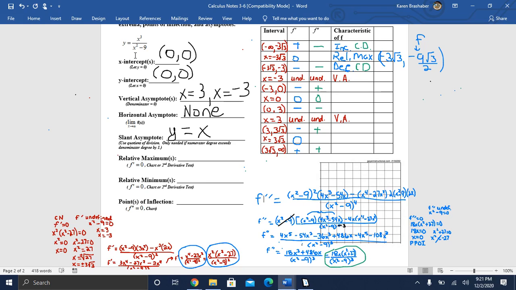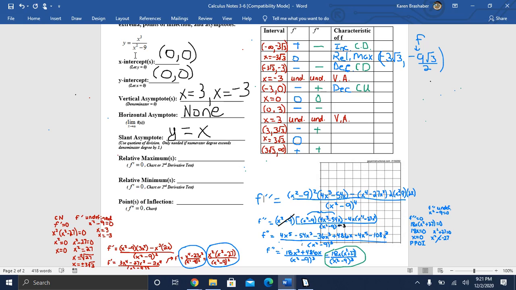At x equals negative 3, we had that vertical asymptote. So we can go on and look at what's happening at the interval from negative 3 to 0. We still have the graph decreasing, but we have a change to concave up. So the graph is concave up. Then we have x equals 0.